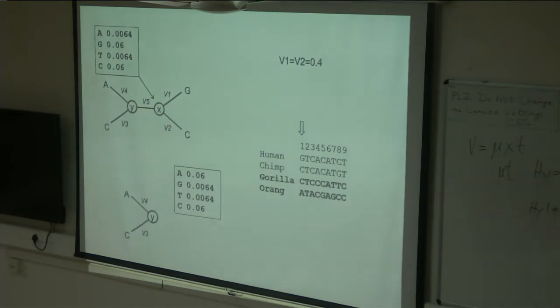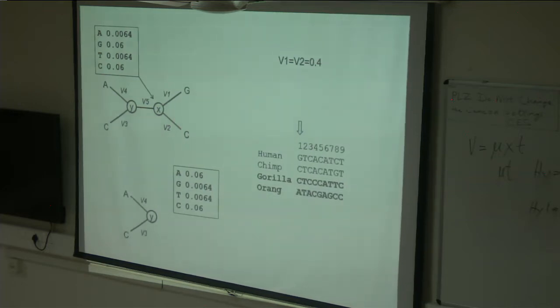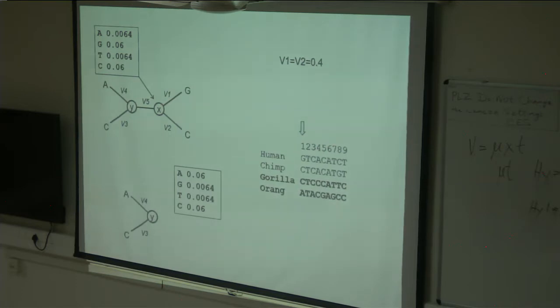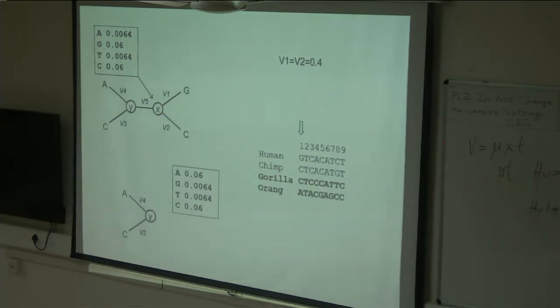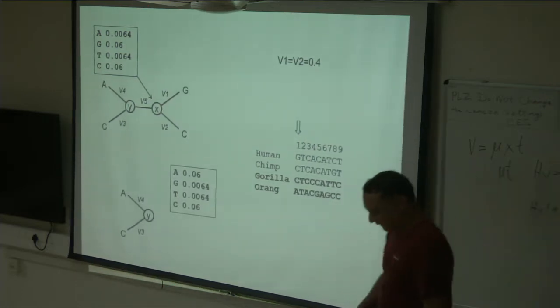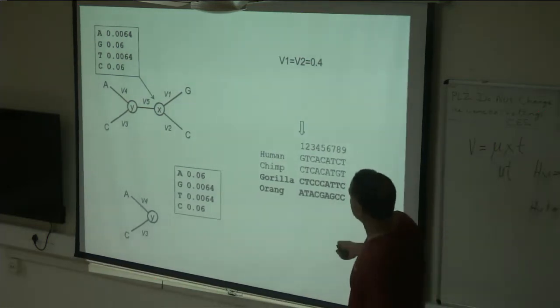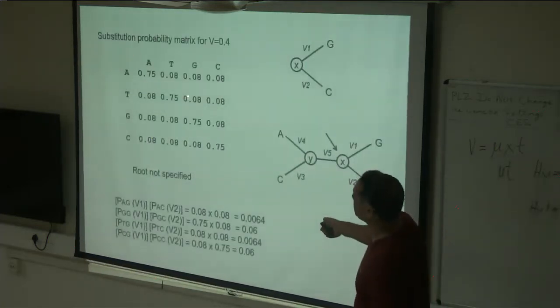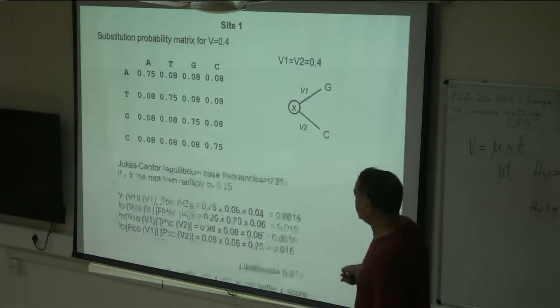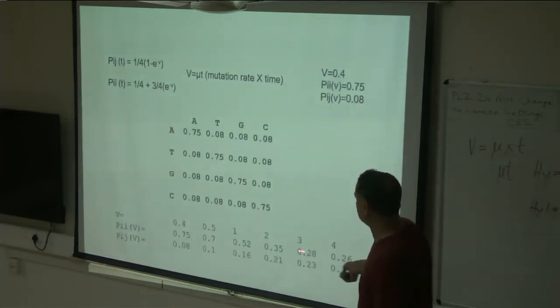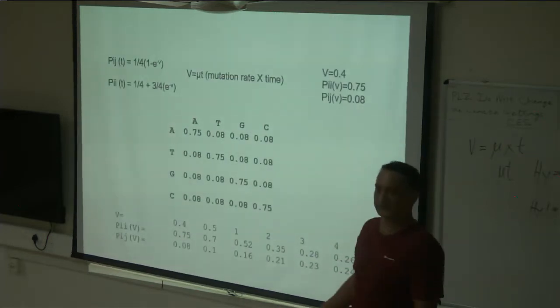But maybe if it was something like this, the likelihood score would be better. Right? Because your transition probabilities will change as the branch length changes.